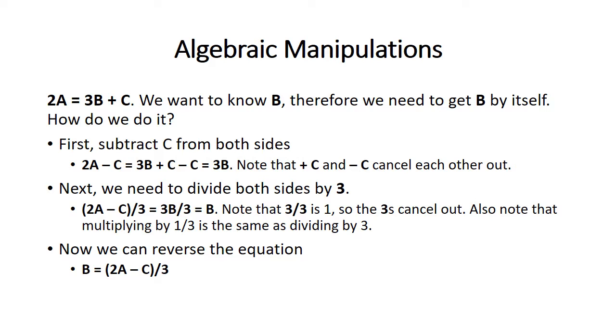But what is 3 over 3? It's just 1. And so 3b over 3 is the same as 1b over 1, or just b. So now we can just reverse that equation that we've just determined and see that b is equal to parentheses 2a minus c close parentheses divided by 3. And so that's how we get things by themselves, through algebraic manipulation.